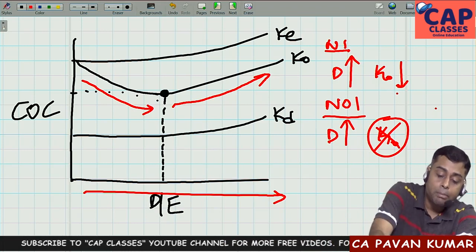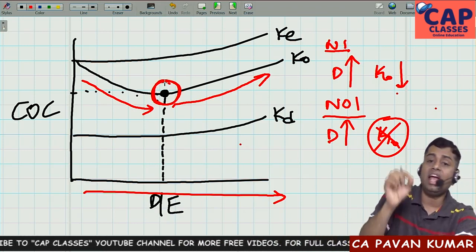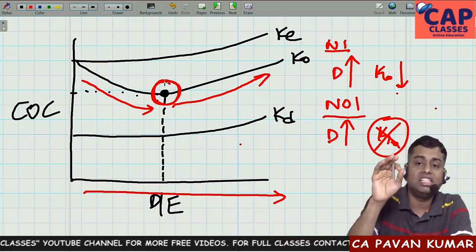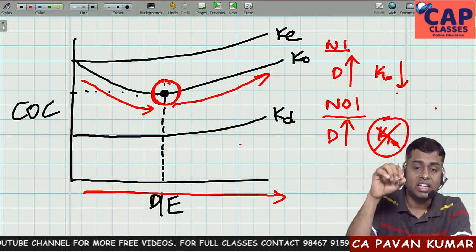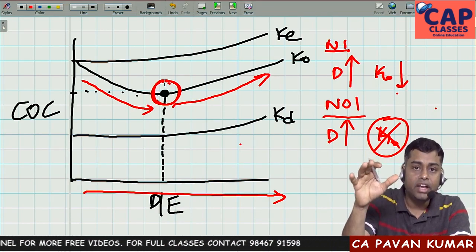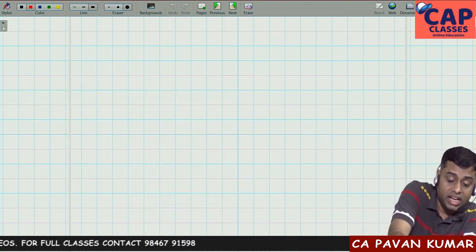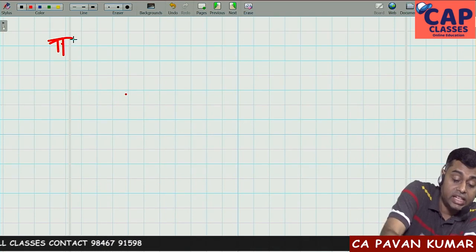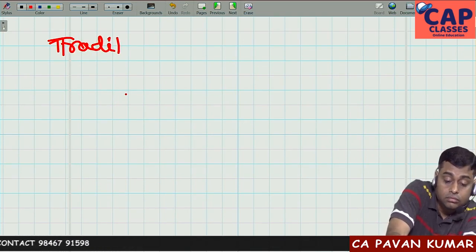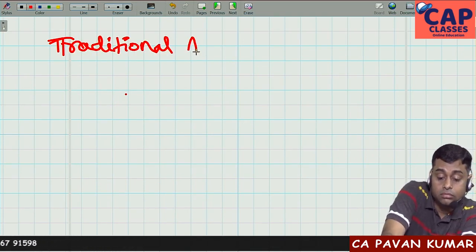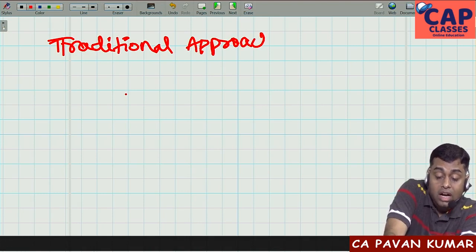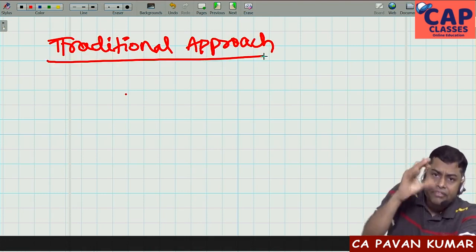So traditional approach says, dear company, identify optimum capital structure. On trial and error basis, take different capital structures.